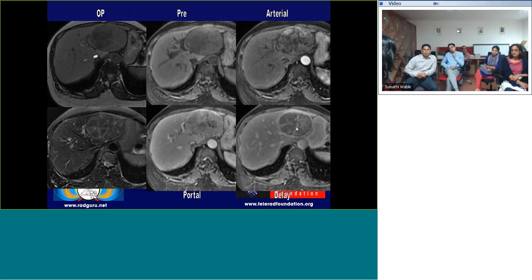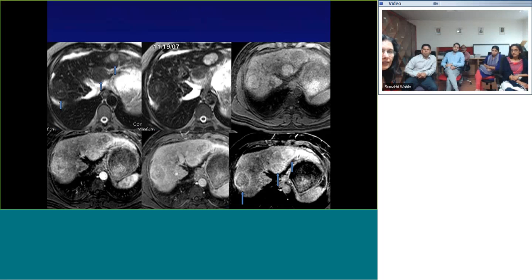They retain contrast, the reason being that there are no biliary canaliculi, so they take up the agent and then they retain it. So over time, when you do the delayed hepatocellular agent, you do a 15 to 20 minute delay.